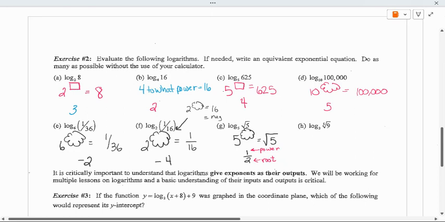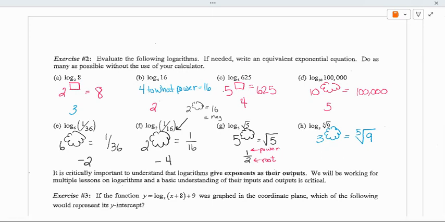Okay. This last one says 3 to what power equals the 5th root of 9? Yes. What is it? 0.4, which is the same thing as 2/5.